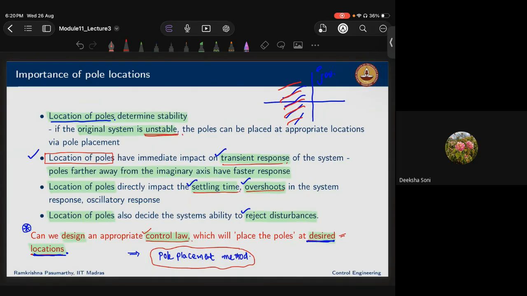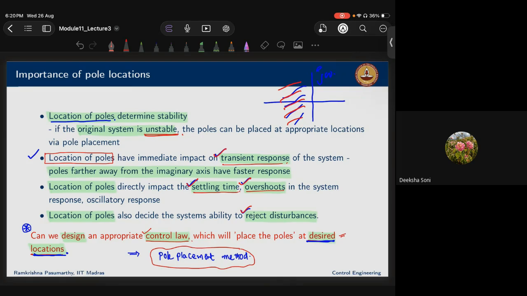The location of poles also tells about the transient response, the settling time and overshoots. It also decides whether the disturbance effect is more or not. So the location of poles is very important for any system.